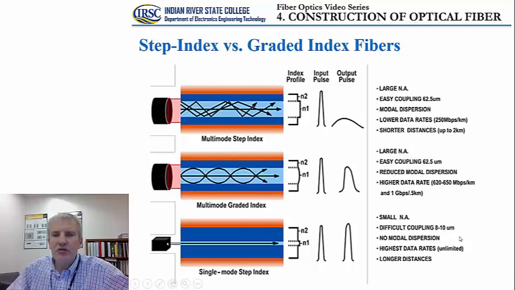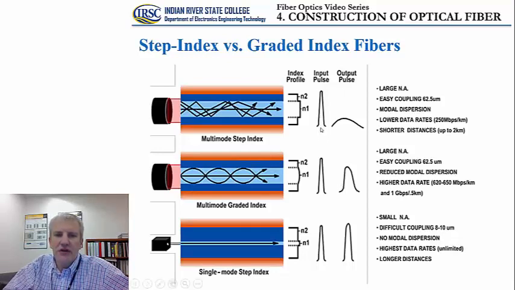The second important thing to be discussed is the modal dispersion. We talked about the modal dispersion in the previous lecture, and we said that dispersion is an effect where the pulse undergoes a certain spreading as it propagates throughout the optical fiber. That's what can be seen in the picture here.